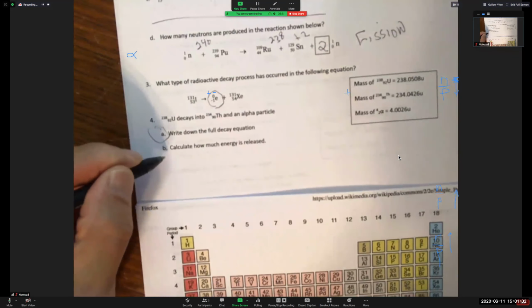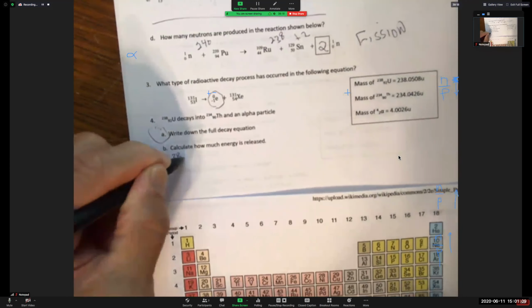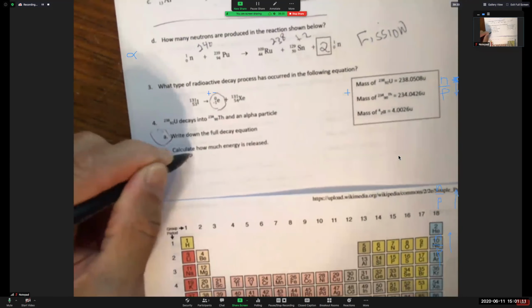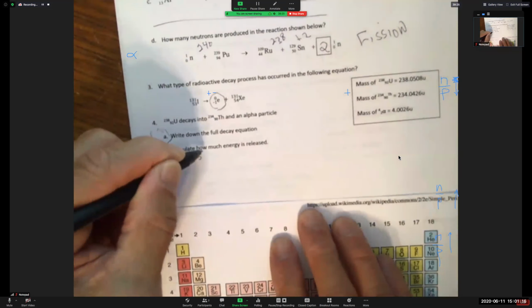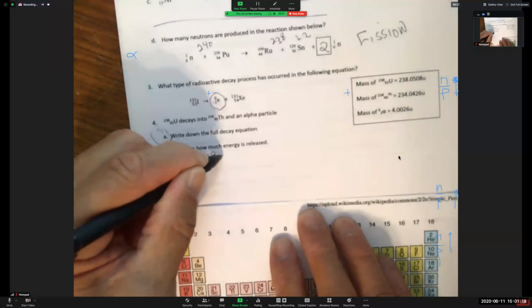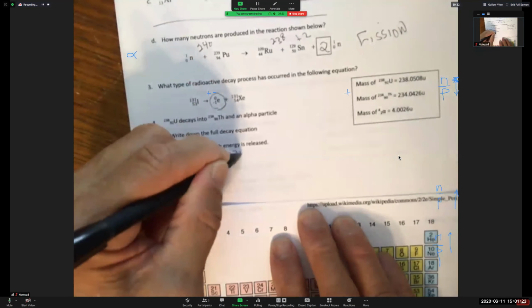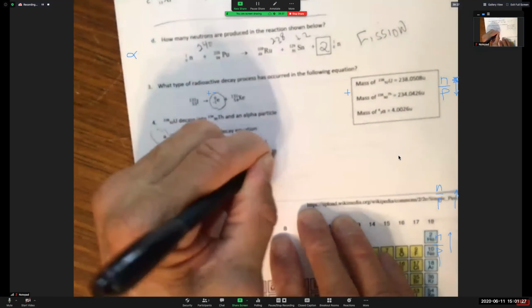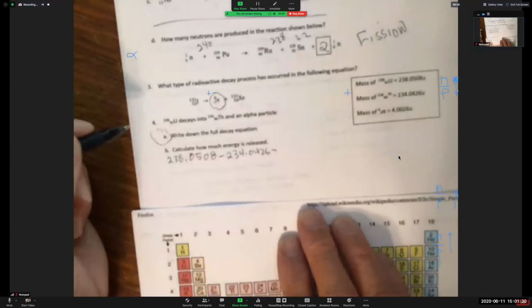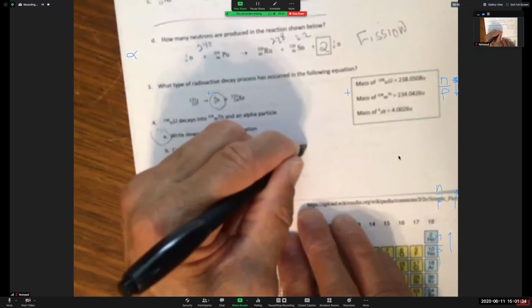So U-238 weighs 238.0508 minus the thorium-234, which weighs 234.0426, minus the alpha particle, which is 4.0026.